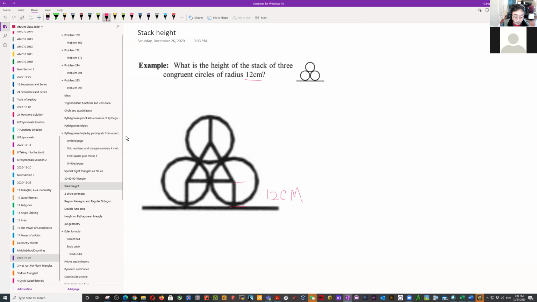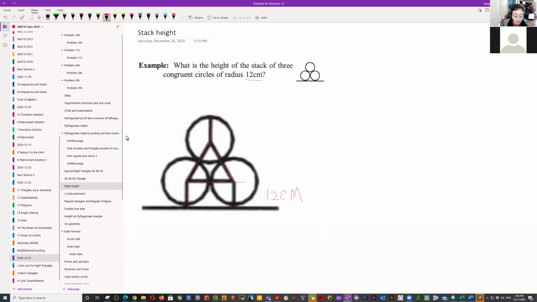What you notice is that this part is one radius, this part is one radius, and the circles are touching, so those three circles are tangent to each other.